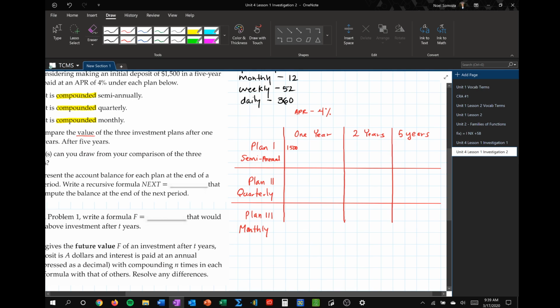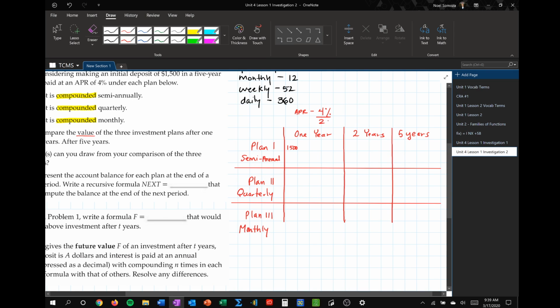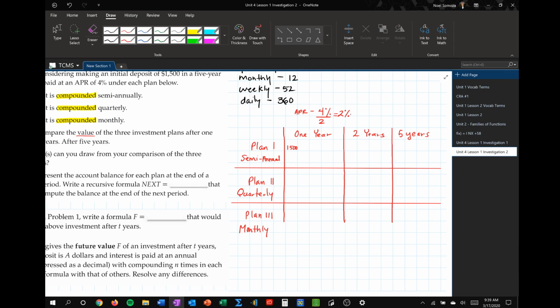However, if it's going to be done semi-annually, what do you think you're going to have to do with that interest rate? You're going to have to split it in half. Semi-annual, twice a year, so you cut that percentage in half. So really, you're looking at 2%, which is what you've earned the first time it's done.